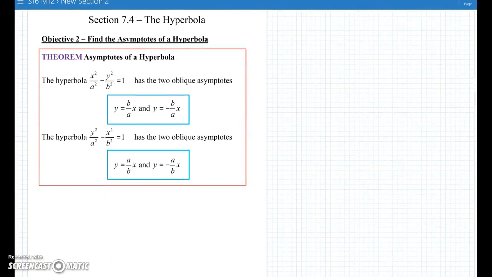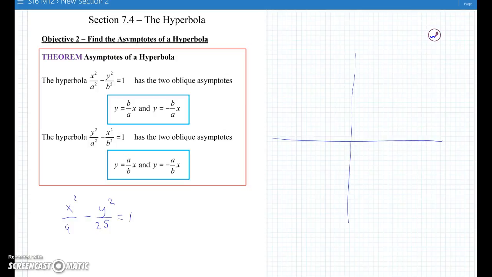Okay, so the b is going to tell us about the asymptotes of the hyperbola. So suppose we have a hyperbola that looks like x squared over 9 minus y squared over 25 equals 1.